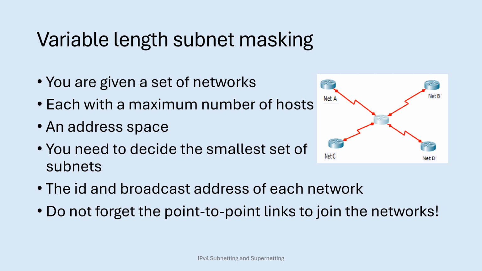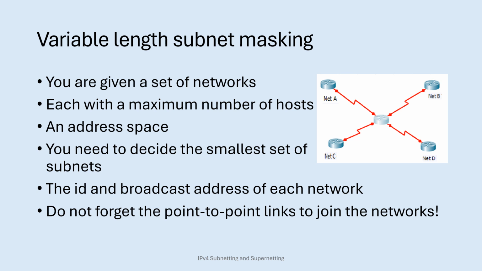The address space will be given. Now, the address spaces will be private addresses, so we can use as many or as few as we want. So if you run out of addresses when you're doing VLSM, you just use another address space.